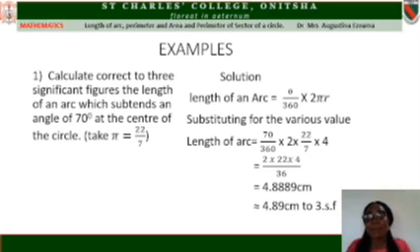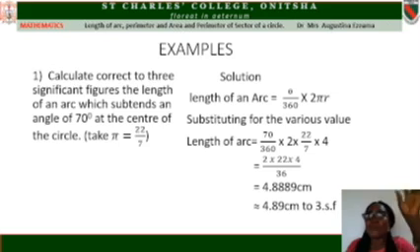For significant figures, remember, you start counting from 4, and you count out 3. 4 is 1, 8 is 2, 8 is 3. After counting to 3 significant figures, there are 8 and 9 remaining. That 8 is above 5.